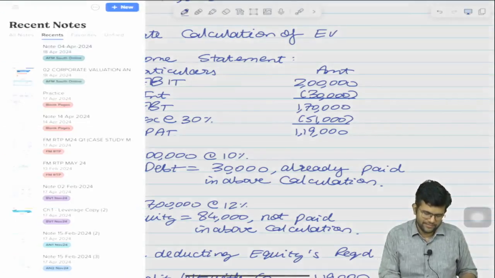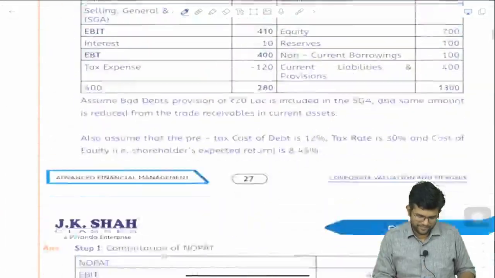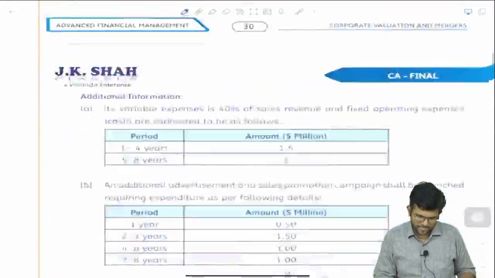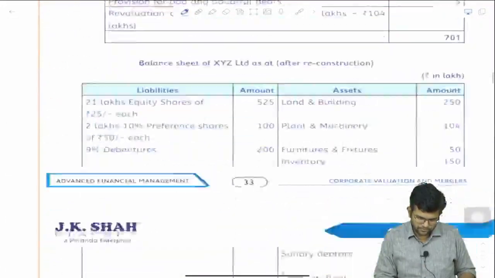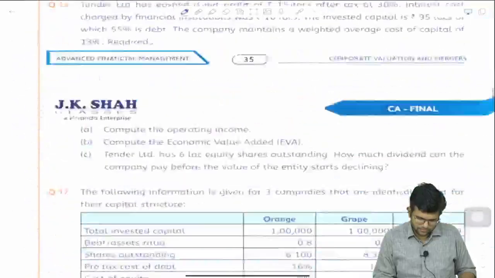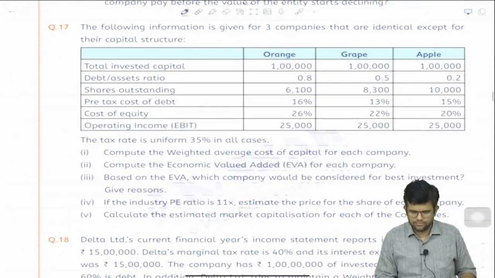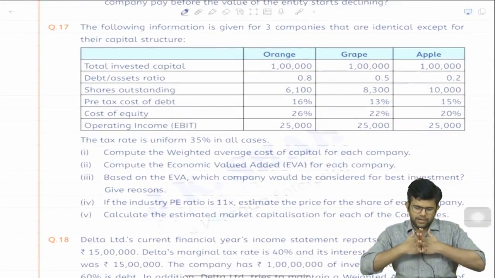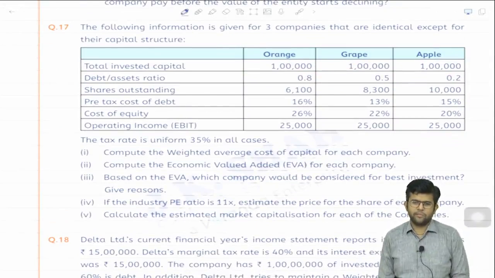Question 17. Take your time, read the question.